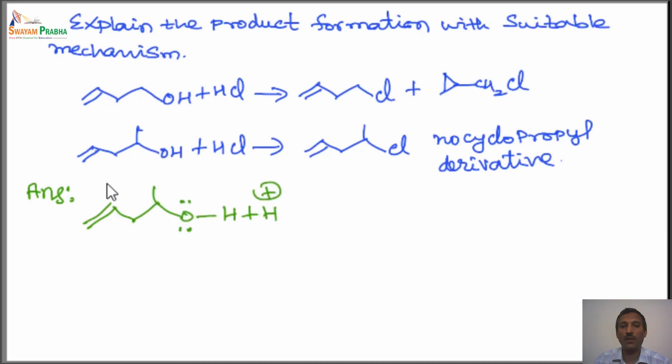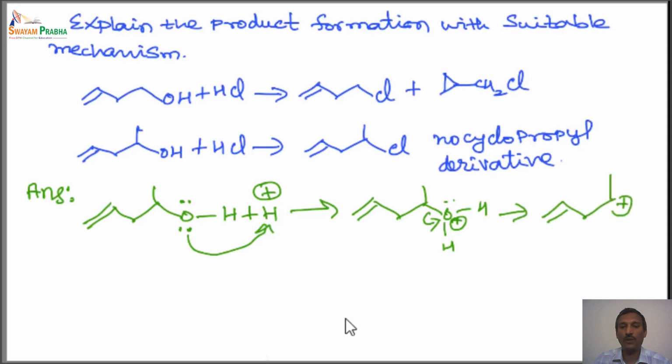When we look at the other case with the methyl group here, up to the first step, the formation of the carbocation is very similar. But unfortunately this carbocation cannot undergo pi bond stabilization through here because of the presence of the methyl group, which puts lots of strain. So this particular pi bond cannot form or stabilize this carbocation.